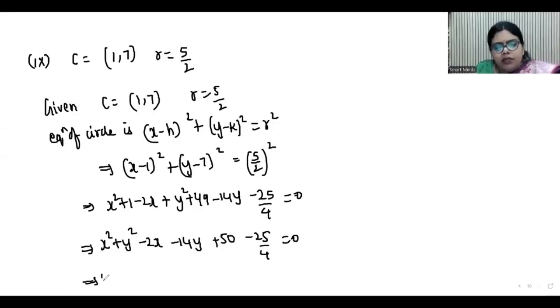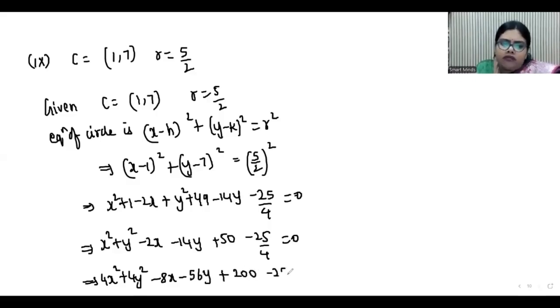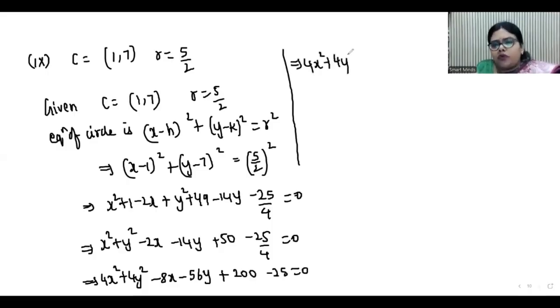Take LCM: 4x square plus 4y square minus 8x minus 56y plus 200 minus 25 is 0. So if you further simplify, you will get 4x square plus 4y square minus 8x minus 56y plus 175 is equal to 0.